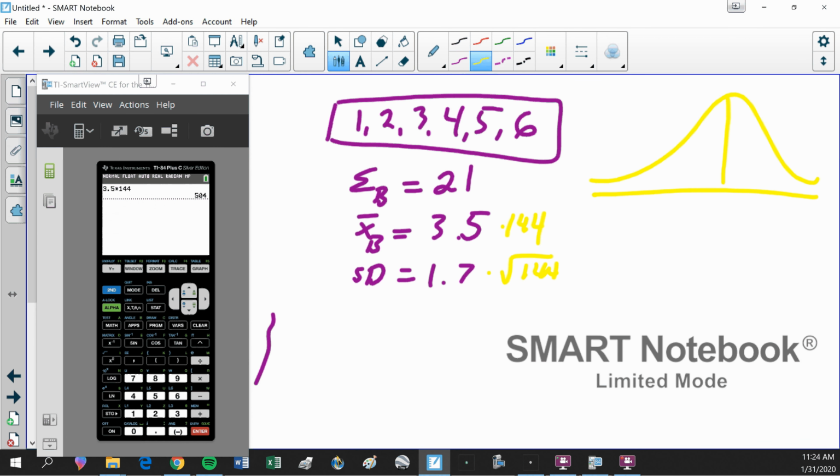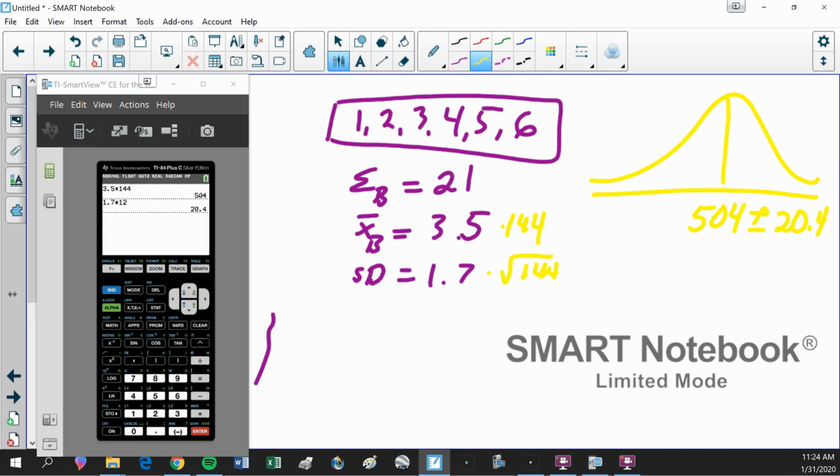That is the center of my normal curve, plus or minus 1.7 times 12, which is 20.4.